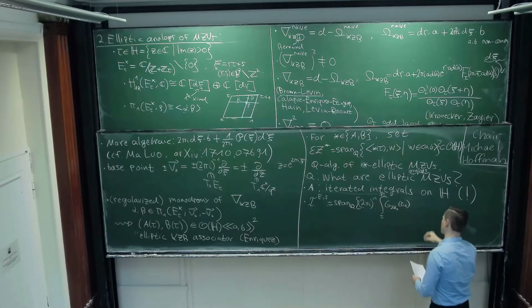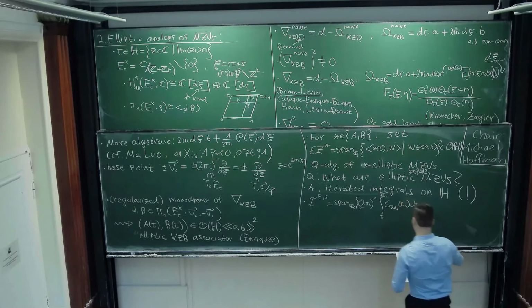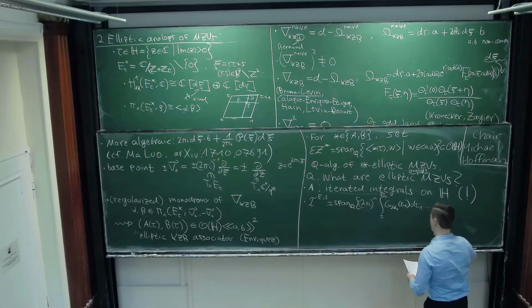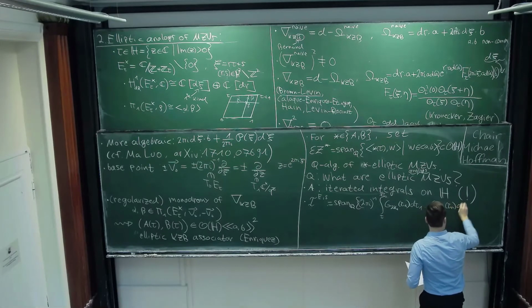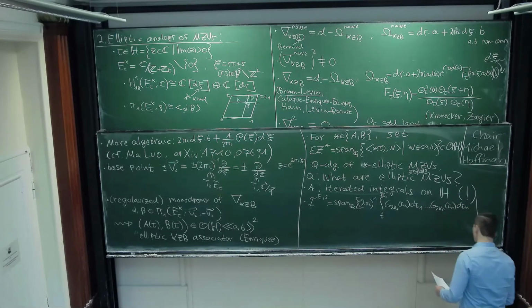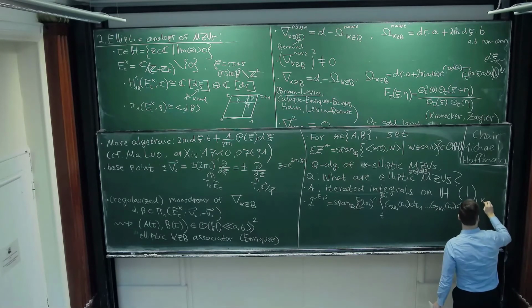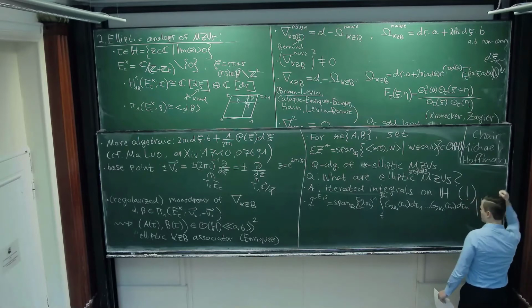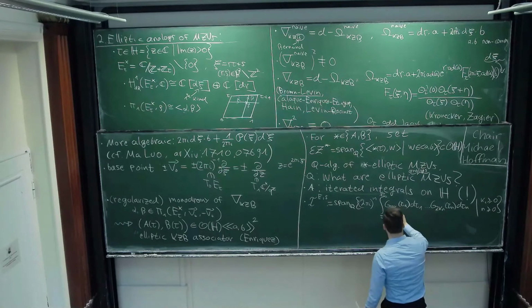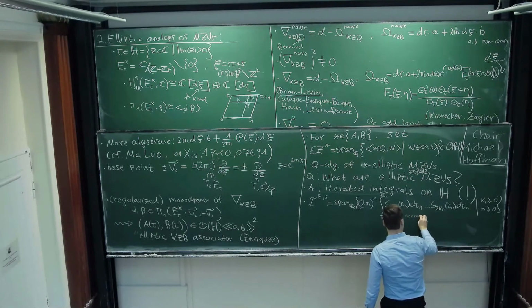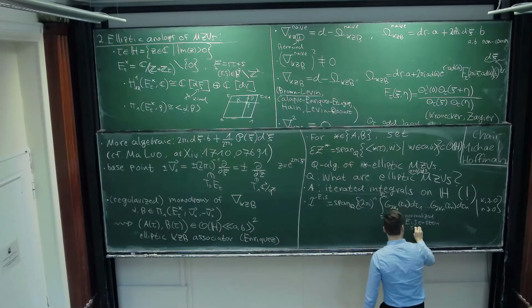I learned from Francis Brown's paper on multiple modular values how you do it. And then you're taking iterated integrals of Eisenstein series, and the k_i are greater or equal than 0, and n is also greater or equal than 0, and this is just a normalized Eisenstein series of weight 2k.